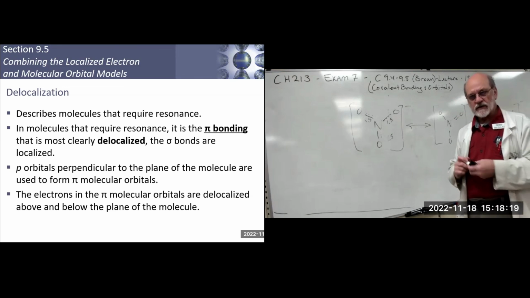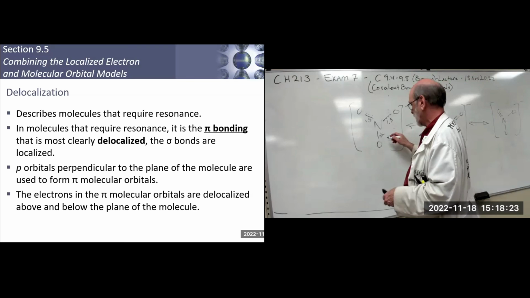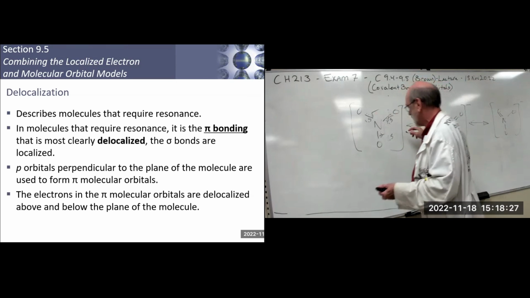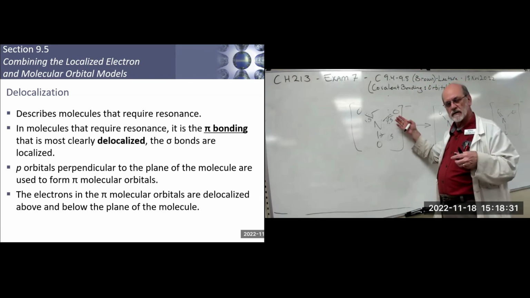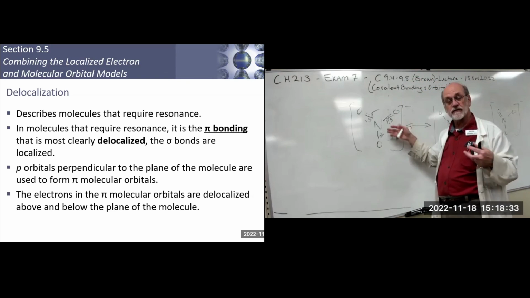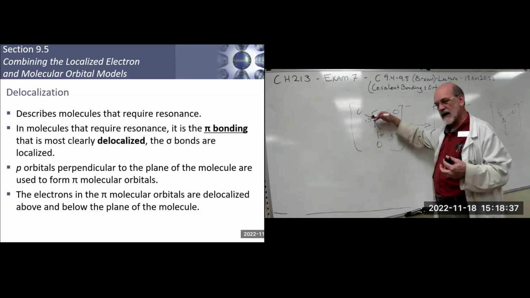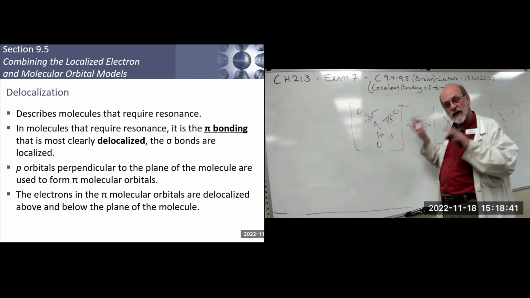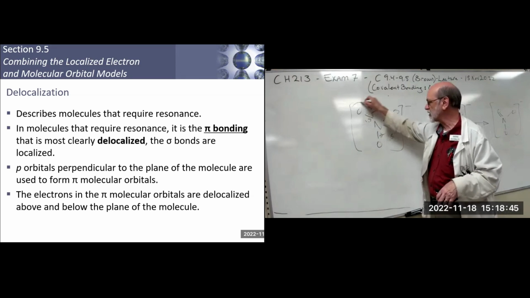The other explanation is that you have sigma bonds here, molecular orbitals, sigmas, and then there are unused pi orbitals, p orbitals that form pi bonds, but they don't form complete bonds at any one location. What happens is the electrons that go into the pi bond system are delocalized over the entire molecule.